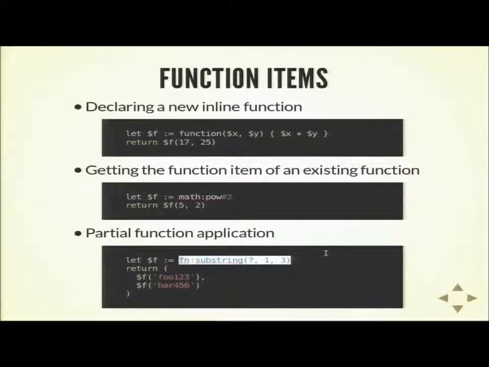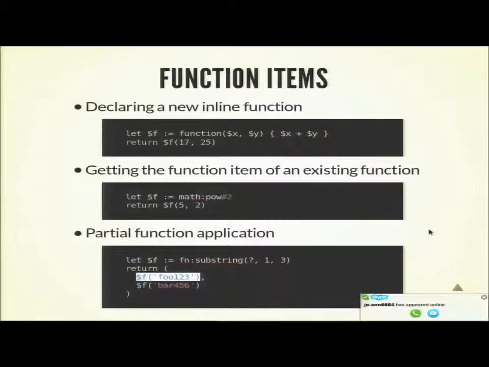And the first is going to be whatever I supply as a parameter. So here, when I call f, the substring function is going to be called using the first parameter, foo123, the second parameter 1, the third parameter 3. Okay?